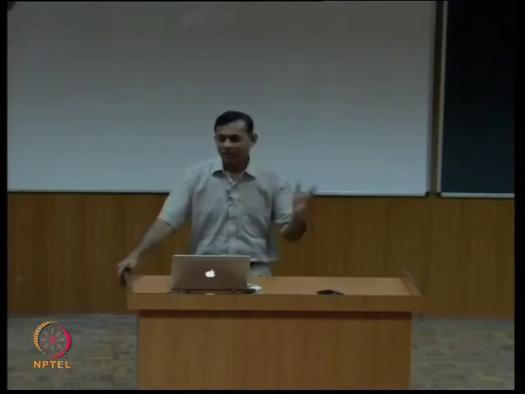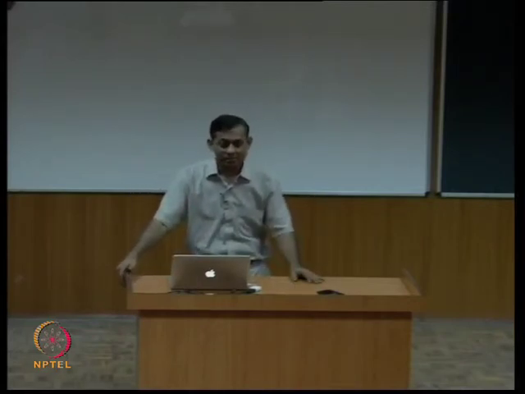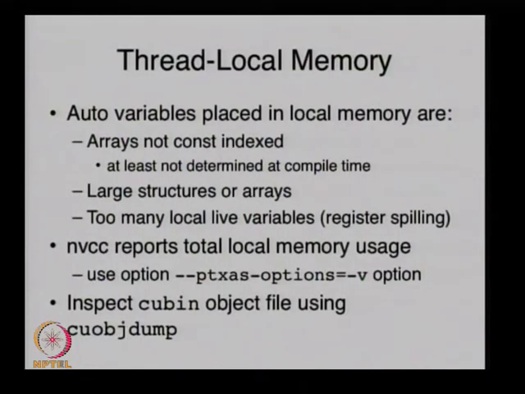The automatic variables, auto variables, in the thread local memory, meaning they are taking 800 clock cycles, what could have been taking around 1 clock cycle. You want to be especially careful and check that you're not going into thread local memory. And there are ways to check, right? You can give the PTX compiler the verbose option, and it's going to tell you.